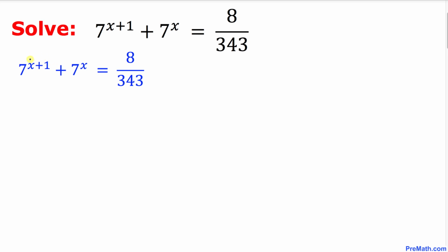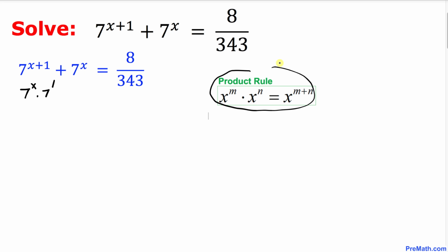Now let's focus on this very first term, 7 power x plus 1. This could be written as 7 power x times 7 power 1 according to this product rule. And then we're going to just write down 7 power x as it is. And on the right hand side, we can write 8 divided by 343.